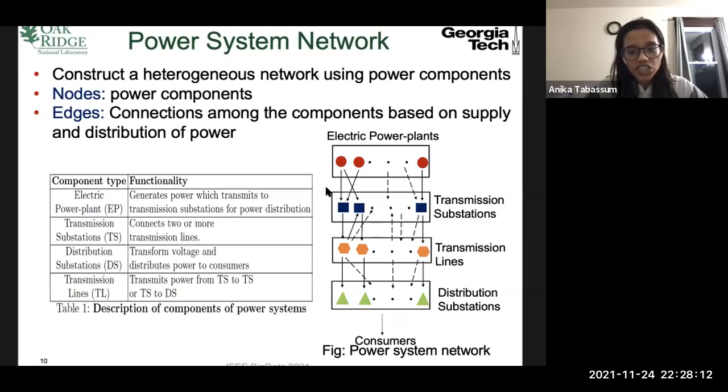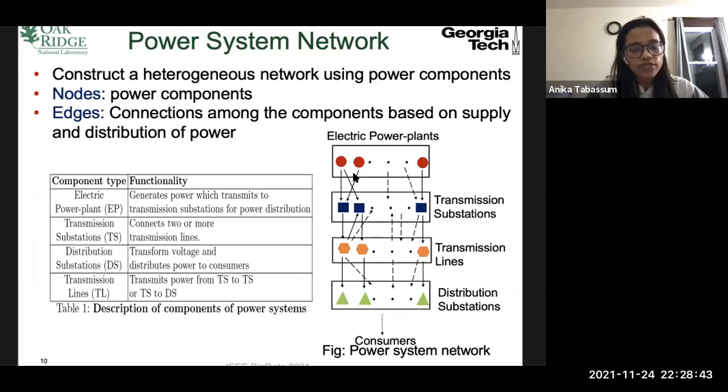For limiting the edge connections, we use a nearest neighbor approach using geographic distance. For example, power plants supply power to the transmission substations. So we connect power plants to transmission substations that are within a fixed user-defined radius; there will be edges only among those power plants and substations.